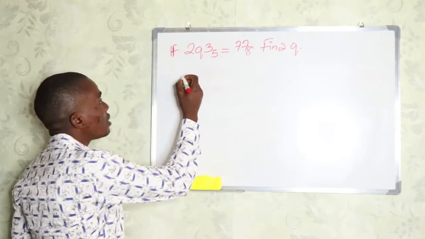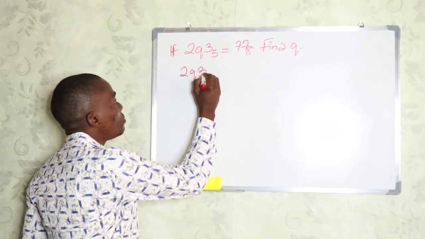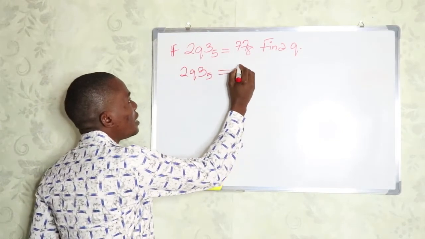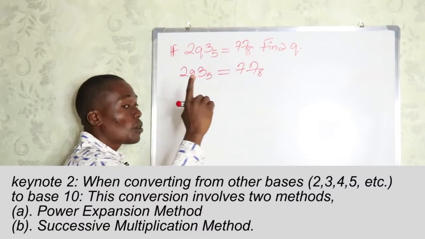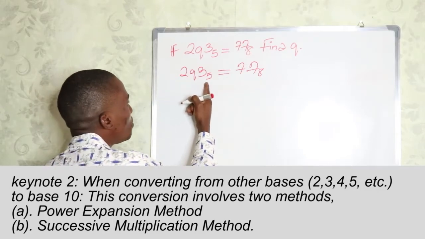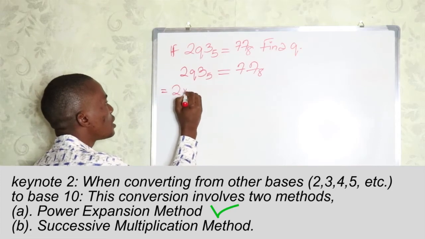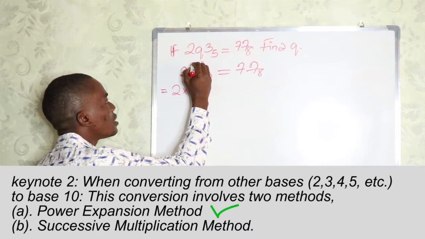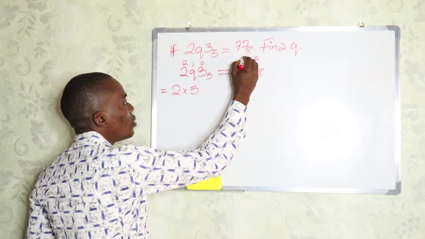Now let's go about it. We'll convert 2q3 base 5 to base 10, and then 78 base 8 we're going to convert to base 10. Now converting 2q3 base 5 to base 10 gives you this: the powers are 2, 1, 0.